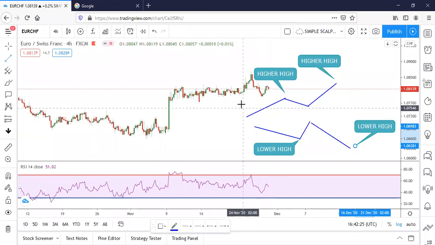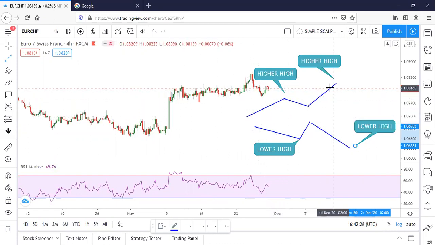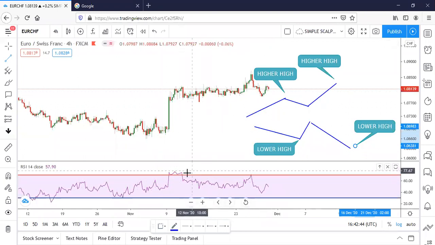So the moment you see your price, which is your chart, has created another higher high, you want to start looking at your indicator as well. Okay, what is the direction?